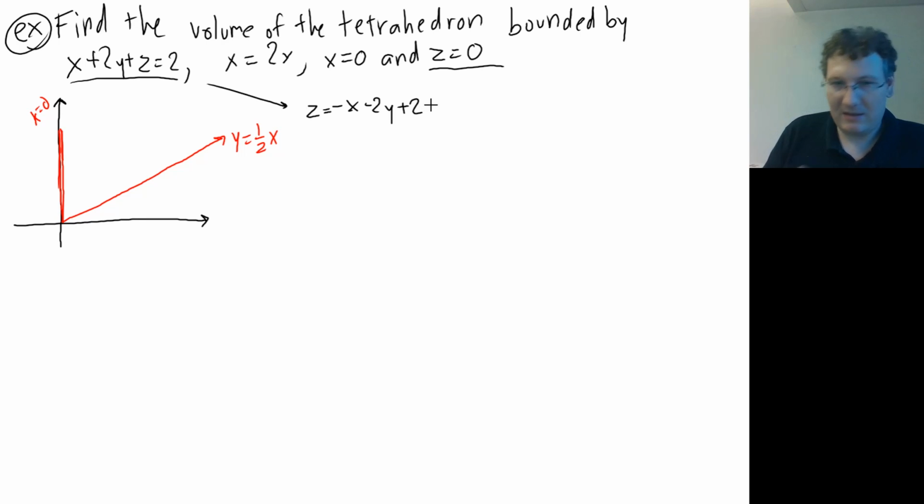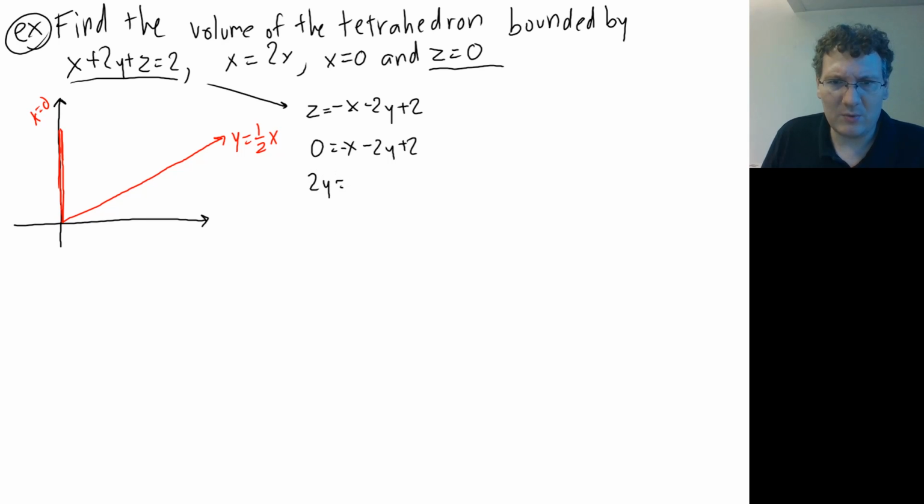Now so far these two planes have been kind of vertical in the z direction. And so this plane is going to intersect the xy plane somewhere. Let's see where it intersects the xy plane. Set z equals 0. So negative x minus 2y plus 2. Let's put the 2y on the other side.